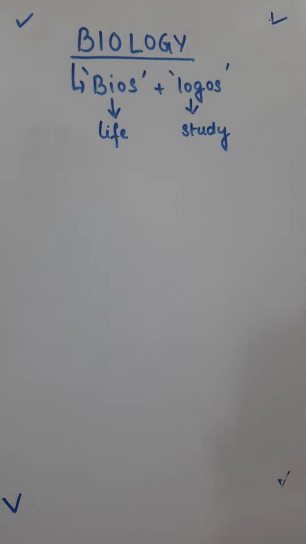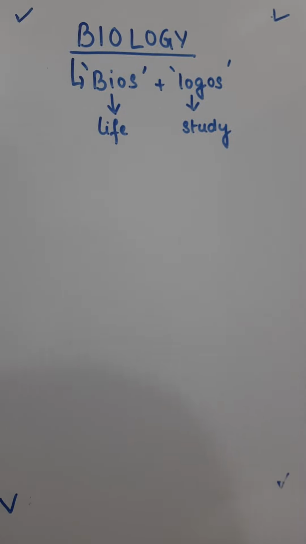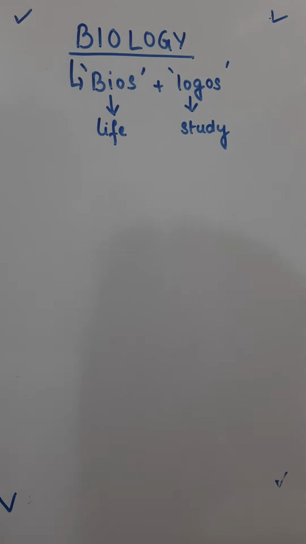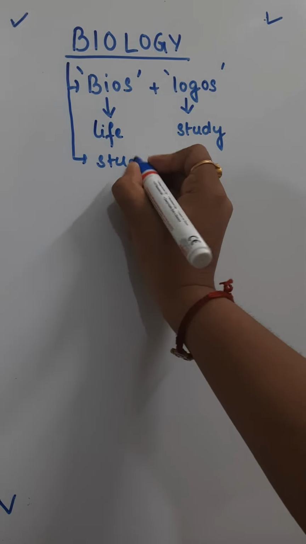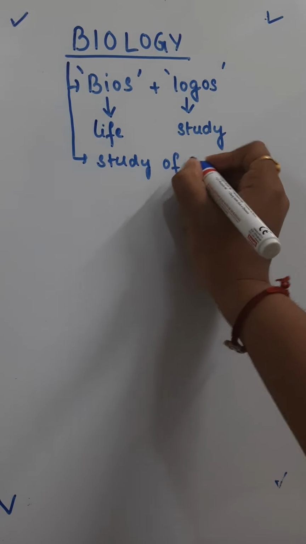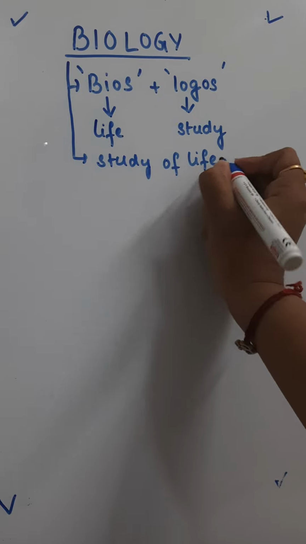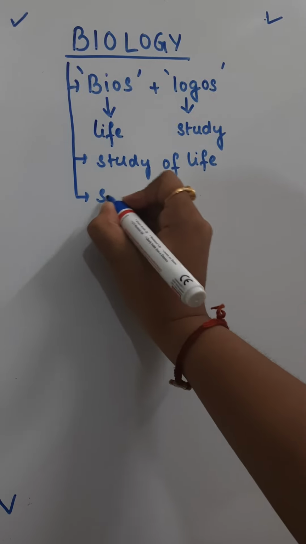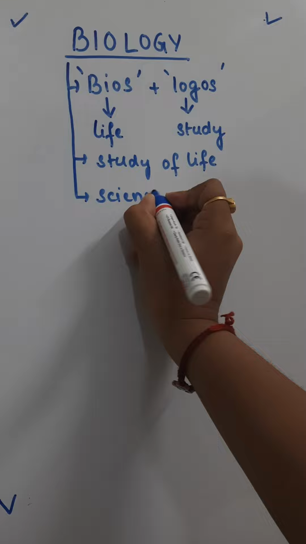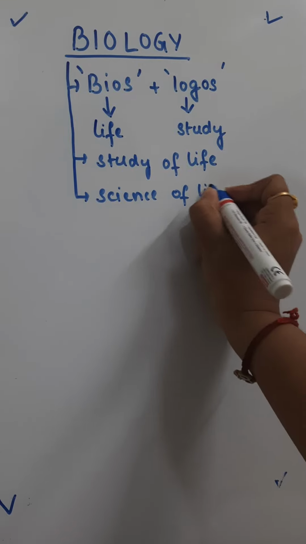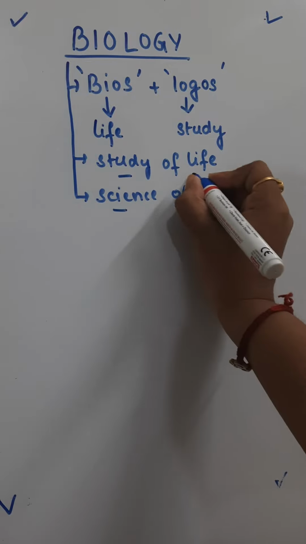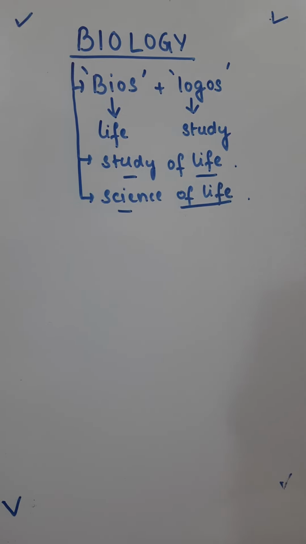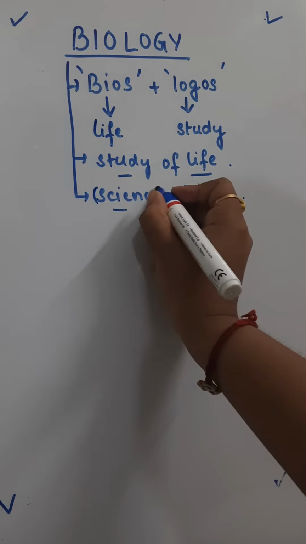So, what is actually biology? Biology refers to the study of life, or you can also say the science of life. These are the two definitions. You can say either of them. See, study of life or science of life. Here the term science is coming up.